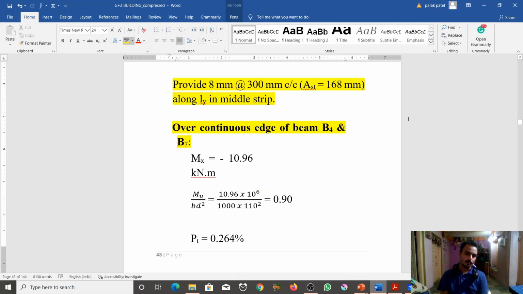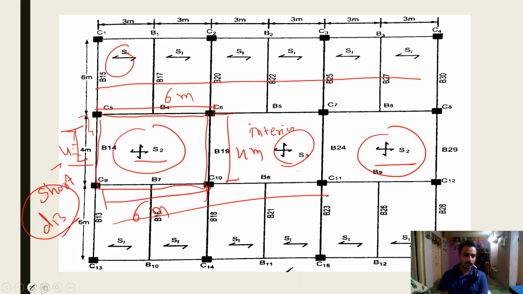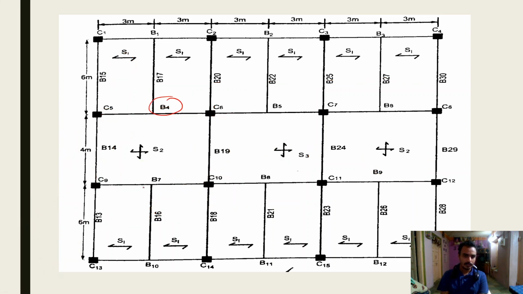Okay. Now we have to design our supports. At the supports, our continuous edge of beam B4 and B7. Here is B4 and here is B7. So at this support we have to design.